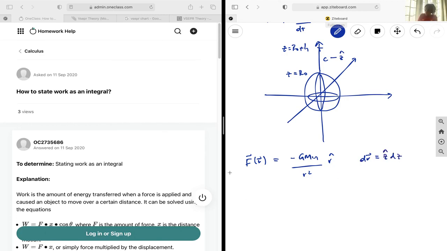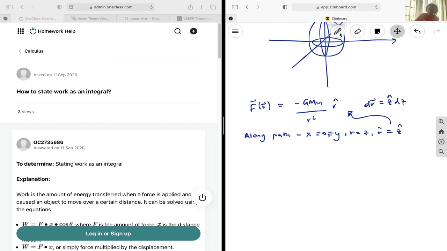Along this path, x is equal to 0, y is equal to 0, r is equal to z, and r hat is equal to z hat. And so now we just put that in to get negative G M m over z squared z hat.